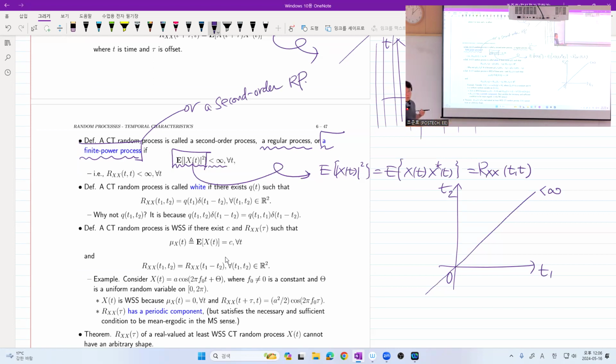Now, here goes some interesting definition of whiteness of a random process. Especially, let's consider a continuous time random process. What is white? What is the color white? And we believe, even though it is not exactly true, suppose here is the frequency range of visible light.